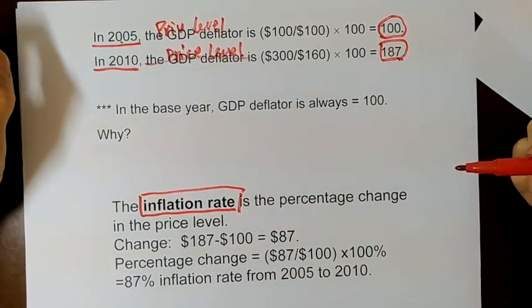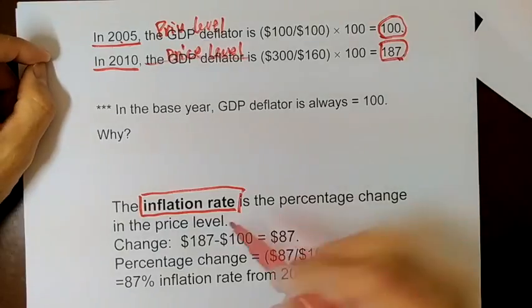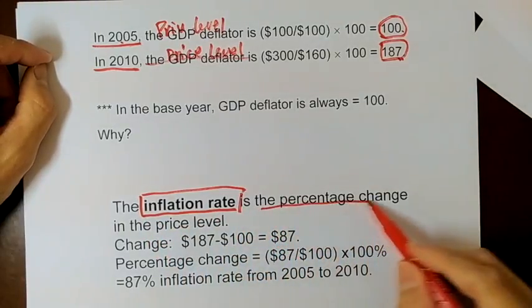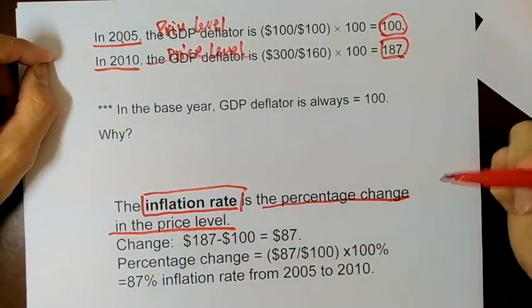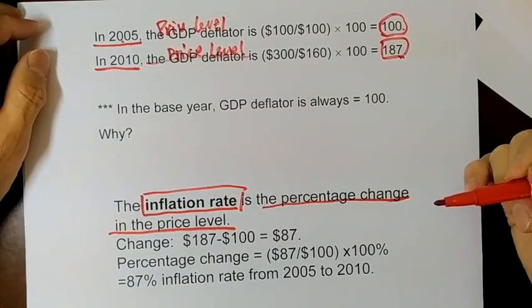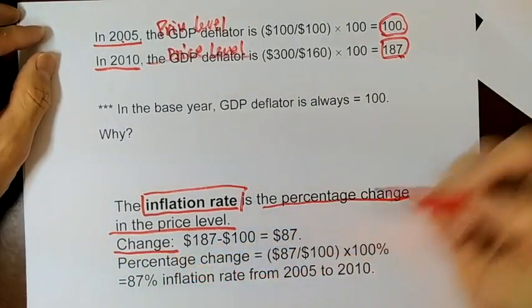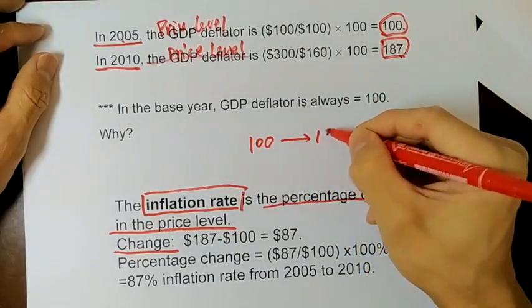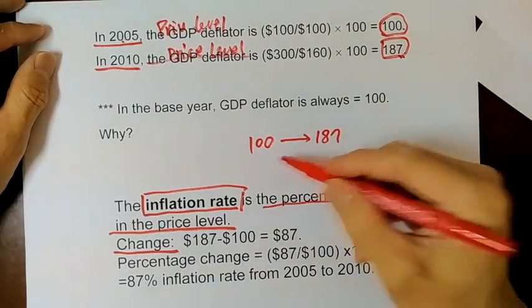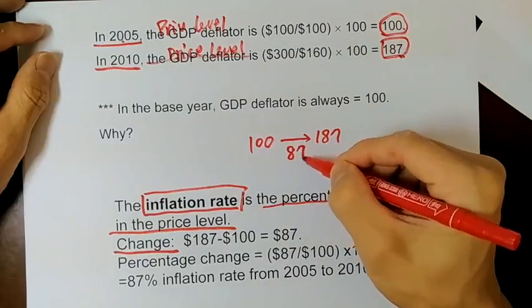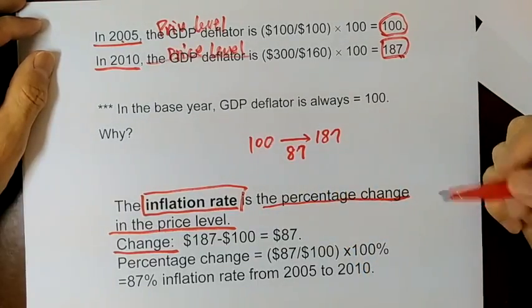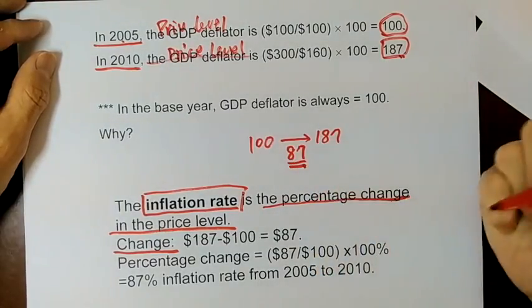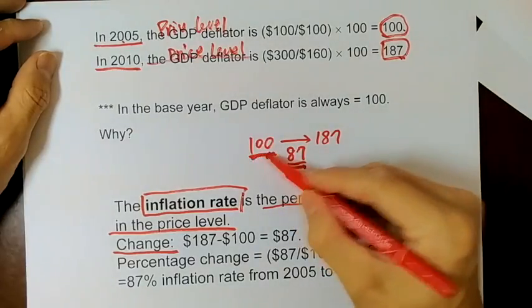So how do you calculate the inflation rate? The inflation rate is the percentage change in the price level. So what is the change? The change is going from 100 to 187. So the total change is 87. Change from what? Change from 100.